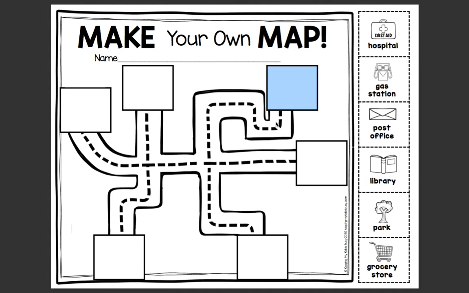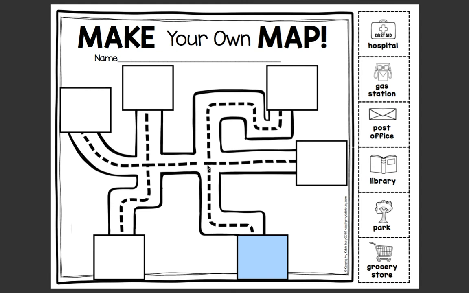Okay, if I wanted to leave the park, get back on the road, come back to the road we started from, and I just keep going straight, then I'm going to end up at the library. If I want to leave my library, I'll go back out to the road, come to the road that we started at.